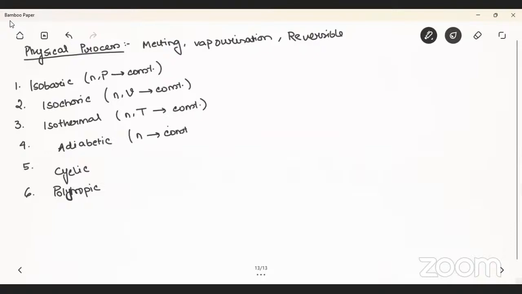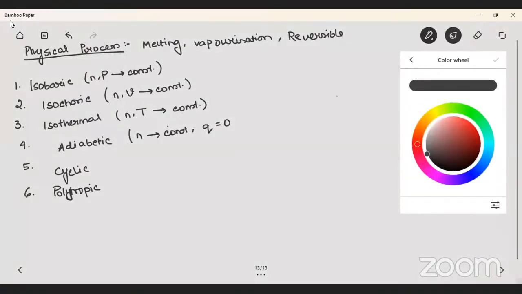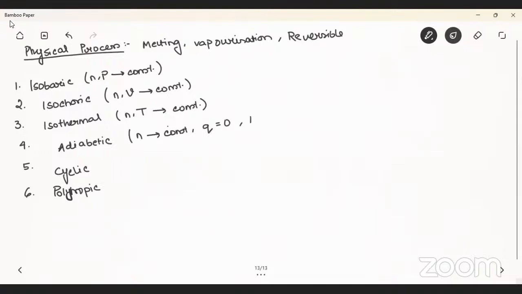But what is Q? Yesterday I told you. What is Q? Anyone? No one. Is anyone even studying? What is Q? I told you in yesterday's class. Unmute yourself and answer.